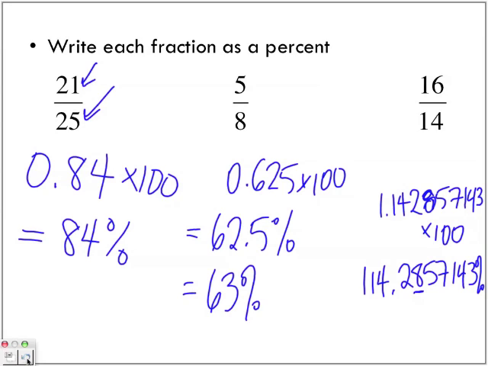We look at that 8, then we look at the 5 after it. Does it change the 8? Yes, it becomes 9. So the answer would be 114.29%. Now we've rounded off to the nearest hundredth. Very good. So far, so good.